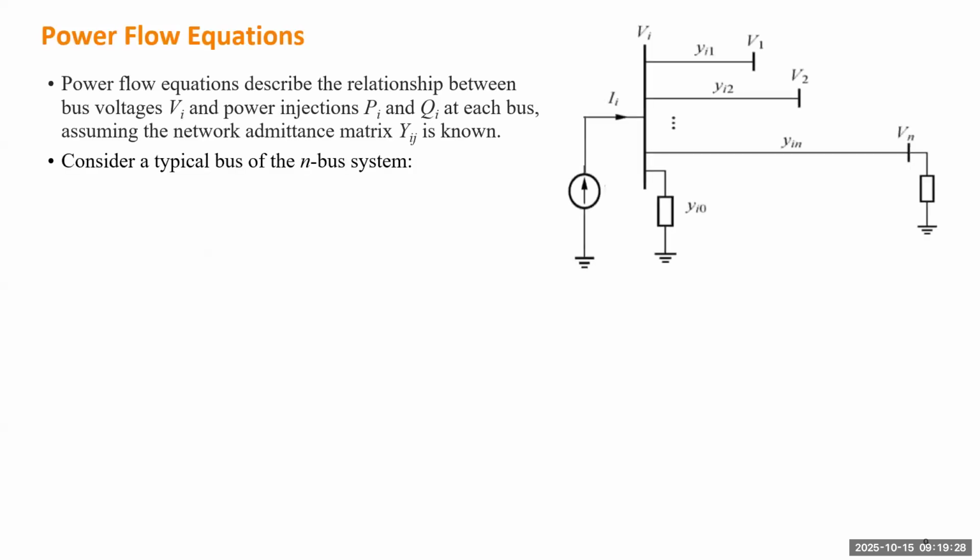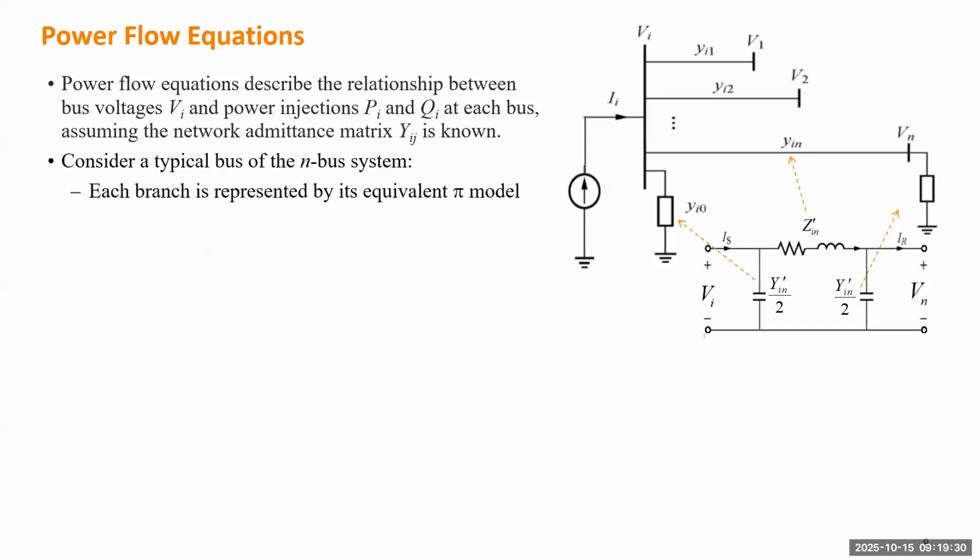Then we quickly formed the power flow equations. The power flow equations are derived based on this general bus structure. If the bus has a voltage source, we first convert the voltage source to a current source. Then we model the connections between this bus and all the other buses by the admittances.